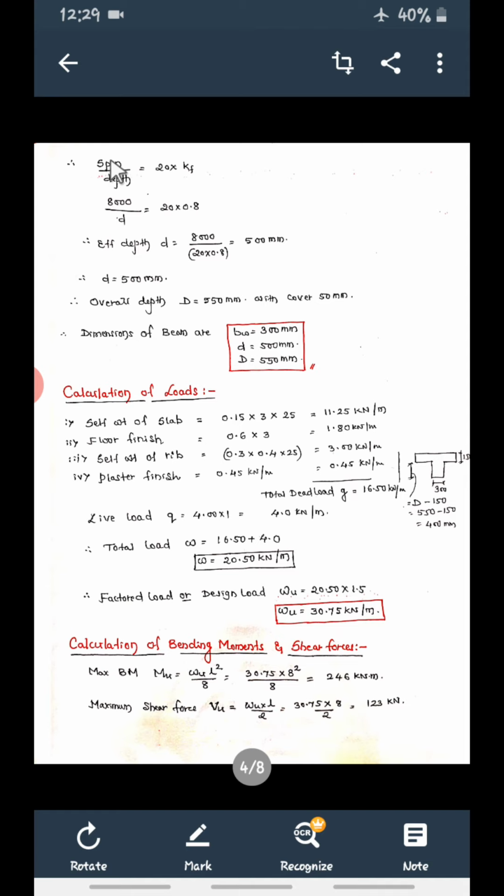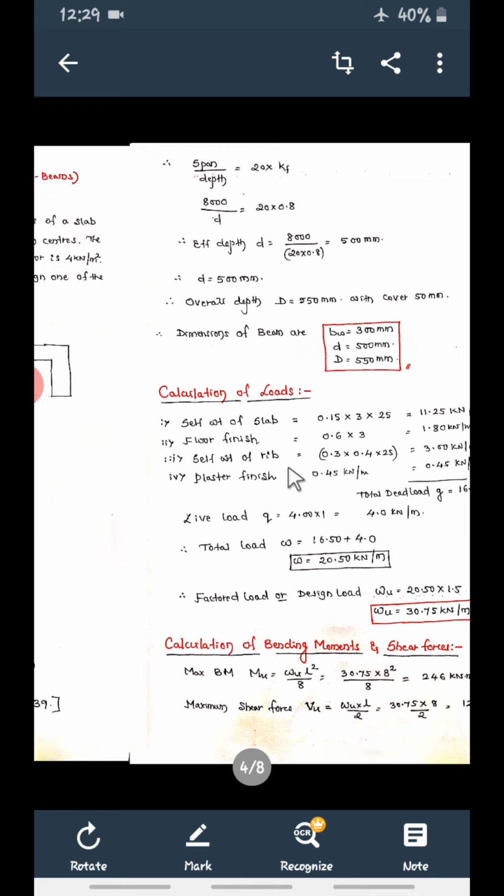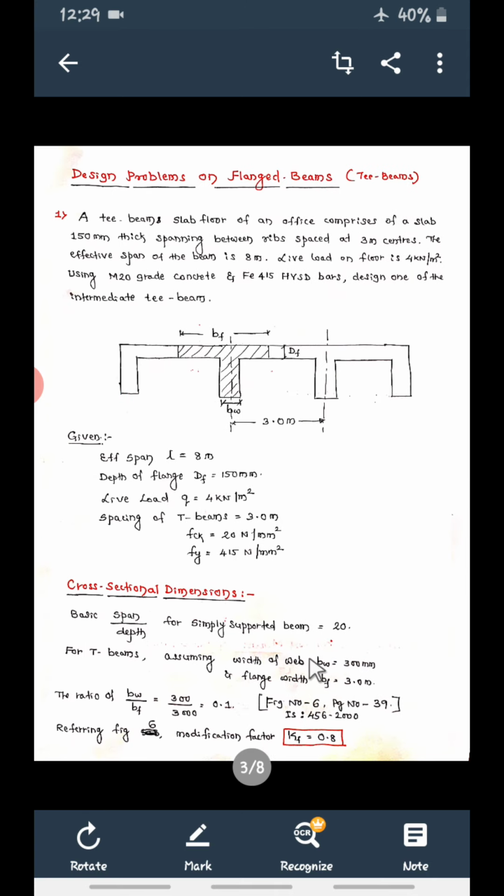That is, span is 8 meters, 8000 mm, divided by d, which we have to find out, equal to 20 into Kf, which is 0.8. Therefore, effective depth is equal to 8000 divided by 20 into 0.8. This comes out as 500 mm. So remember what is the change here in this first step.